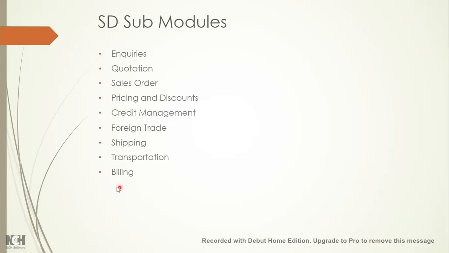Billing is mostly done by the accounts department, but shipping and transportation will be handled by the logistics department, who will be responsible for shipping the material from the factory to the customer's location. So they will be responsible to know who the ship-to party is, and all those things you define here.